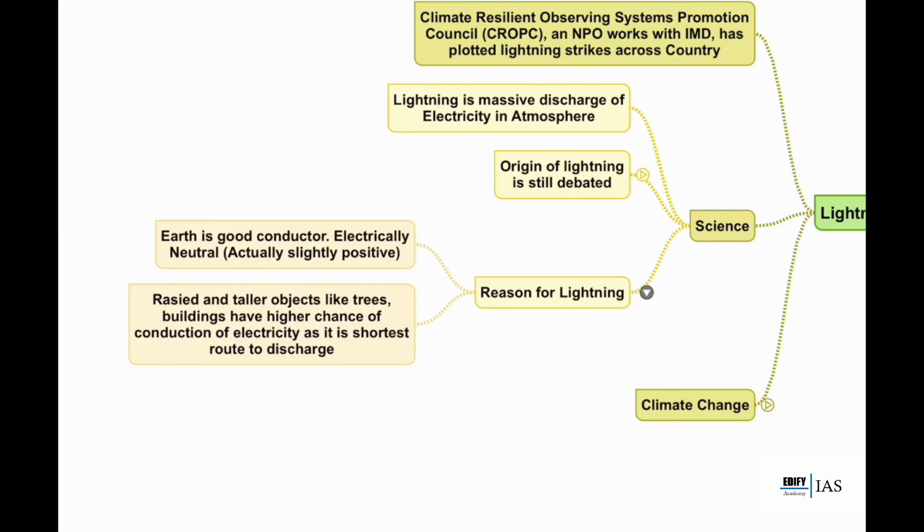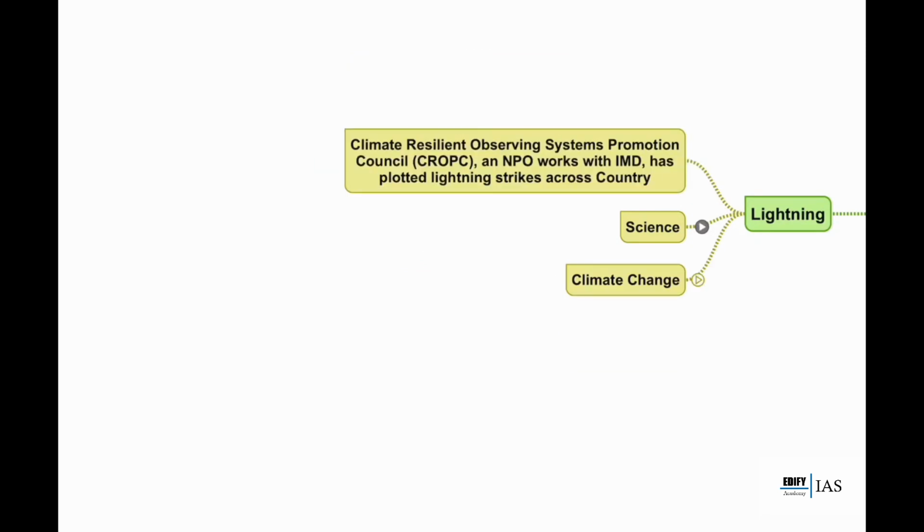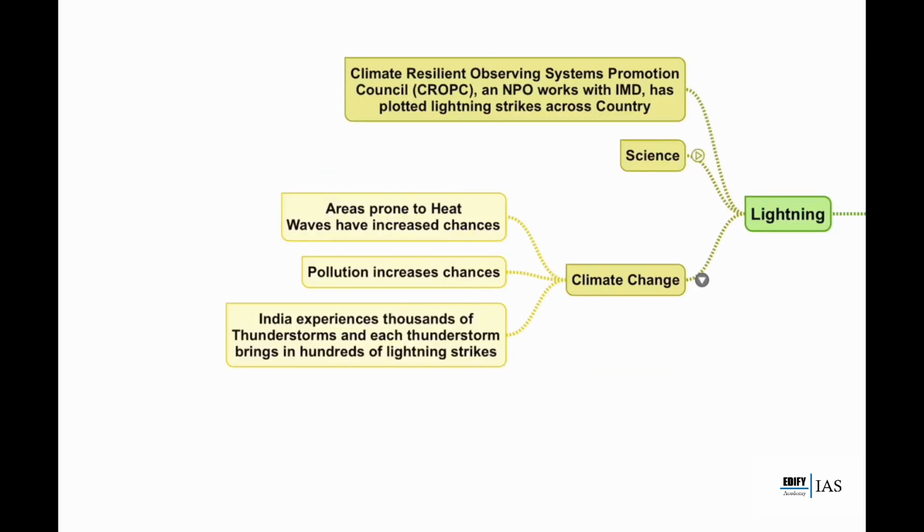Now let's also look at how climate change is impacting lightning strikes on earth. Areas that are prone to heat waves have a higher chance of lightning strikes because low pressure is created in an area that is hot. It induces thunderstorms, and thunderstorms create lightning, so the chances of lightning strikes increase. We also have pollution, which is basically small particulate matter spread out into the air, right?